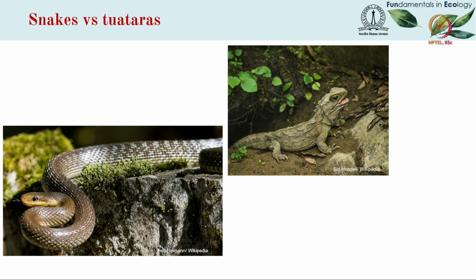That represents the entire evolution of that group over 200 million years. Snakes, on the other hand, have 4,000 species in about 130 to 140 million years. So the evolution of that lineage in 100 plus million years is represented by 4,000 individual species, whereas this other one is represented by a single or two species. And from that perspective, one argues that tuataras hold a lot more evolutionary history than any single species of snake might.